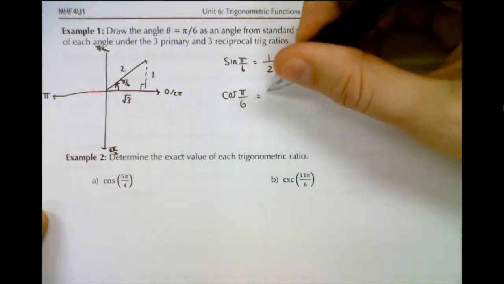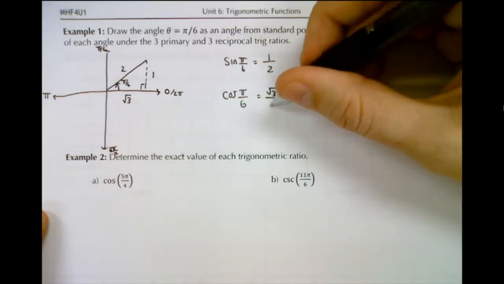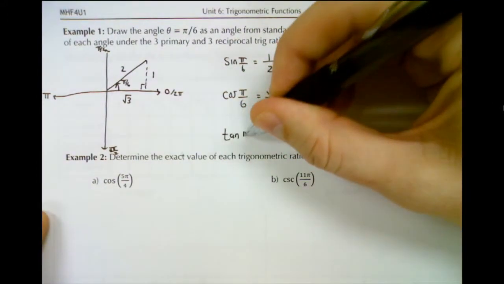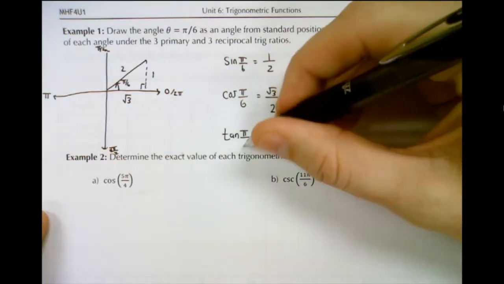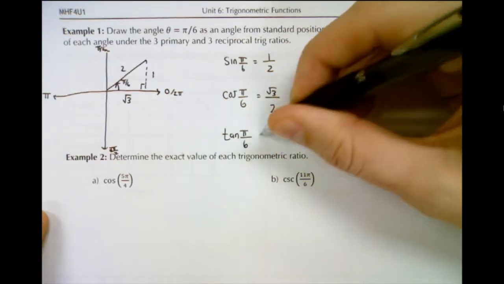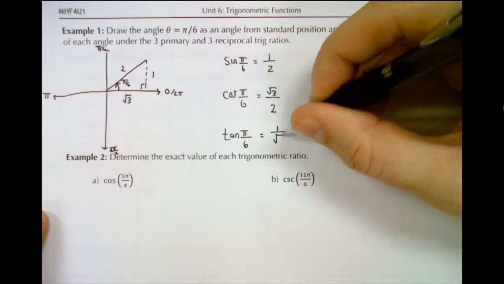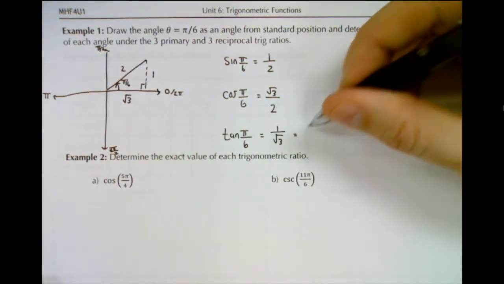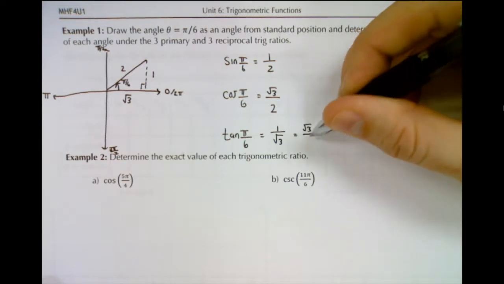In this case, the x is root 3, and the hypotenuse is 2. For tan, we got opposite over adjacent, or y over x, which is 1 over root 3. And to rationalize that, we'd multiply top and bottom by root 3, and we'd end up with root 3 over 3.